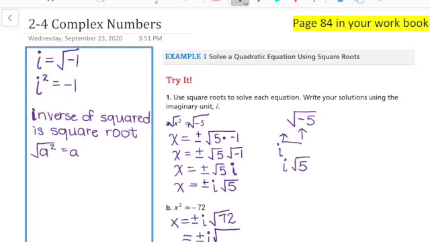A perfect square is going to be 1, 4, 9, 16, 25, 36, 49. So it's actually going to be 36 times 2 will give me 72. And then I think, what's the square root of 36? Well, that is 6. So I have 6i square root of 2.